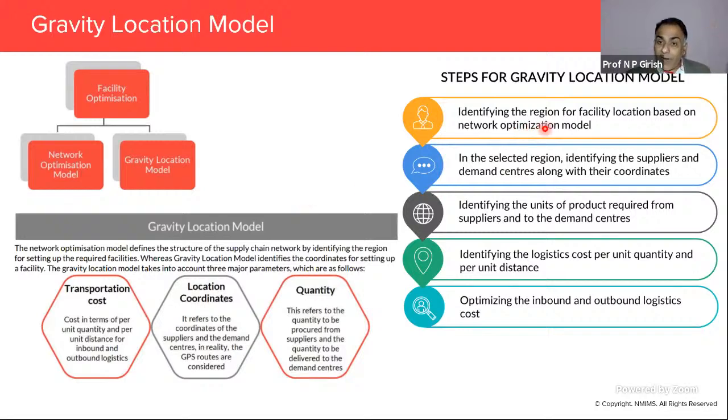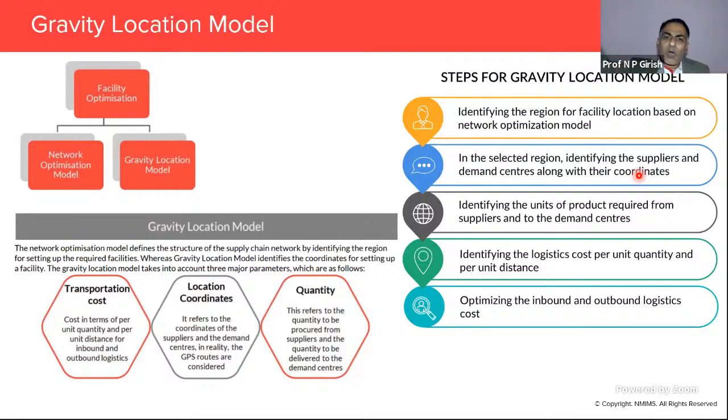Now, identifying the region for facility location based on the network optimization model. So what does it say? Gravity location model is an extension of the network optimization model. Network optimization talks about the region. Where within the region is what gravity location model tries to answer. Good. Next point. In the selected region, identify the supplier and the demand center. Over there also you need to understand, right?